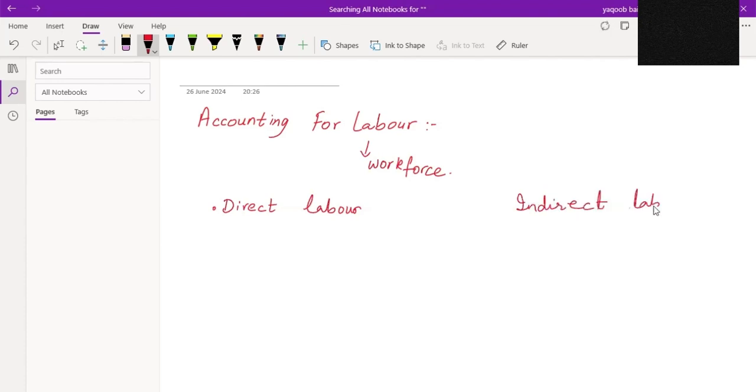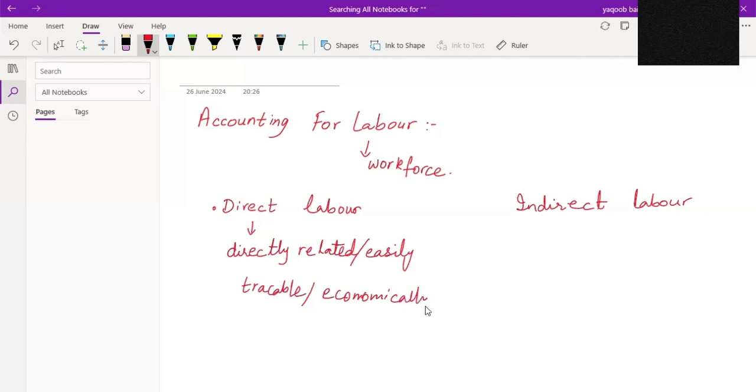Direct labor is the one who is directly related, or easily traceable, or economically identifiable. So this is called what? This is called direct labor.